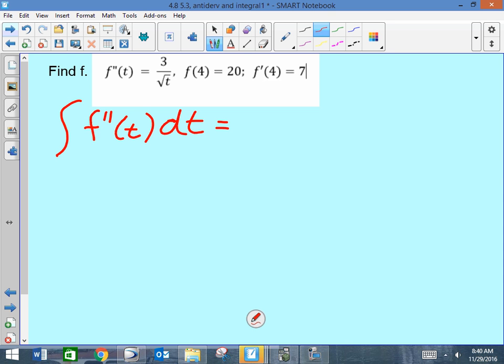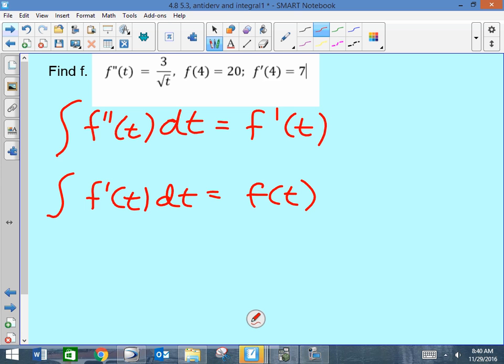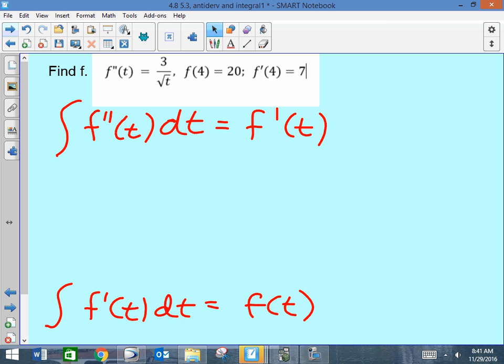Just generically. f prime, good. Then I'm going to take the f prime integral, and then I will finally get f of t. So you're going to work backwards twice. All right, we'll save this here for when we're ready for it.